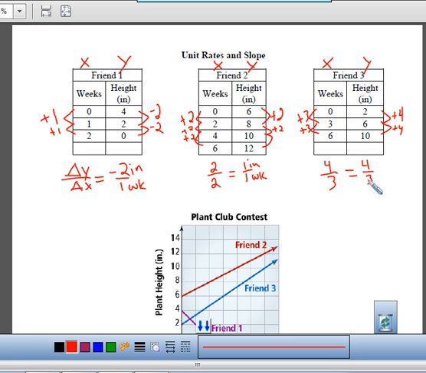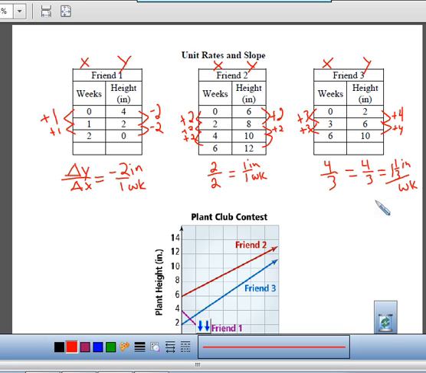Now, this is not easy to compare to this one over here. I would leave it as a fraction if we were going to write an equation, but in order to compare these, it might be helpful to change this into a mixed number. This is 1 1/3, which is greater than 1. But remember, we're talking about inches per week.